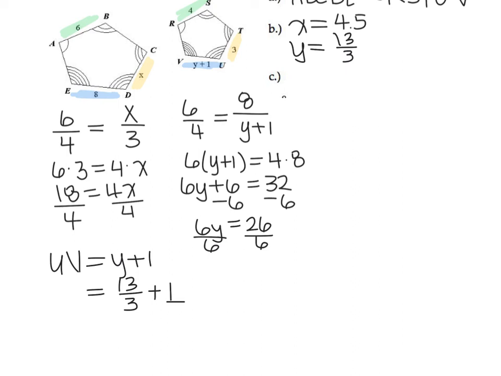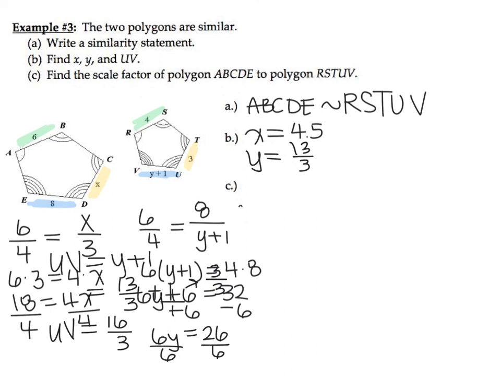So this is technically 1 over 1, which I can rewrite as 3 over 3. So when we add 13 over 3 and 3 over 3, we get that UV equals 16 over 3. So we go back up here to B, and we can write that UV equals 16 over 3.